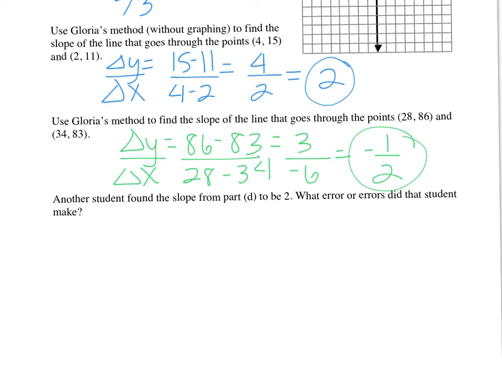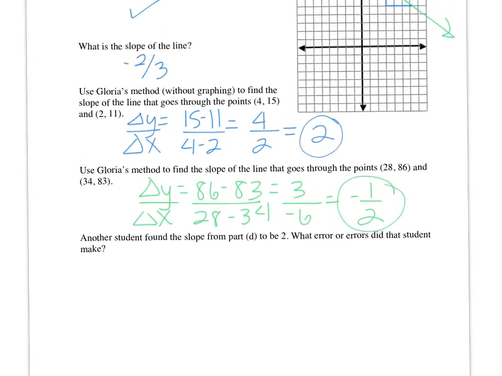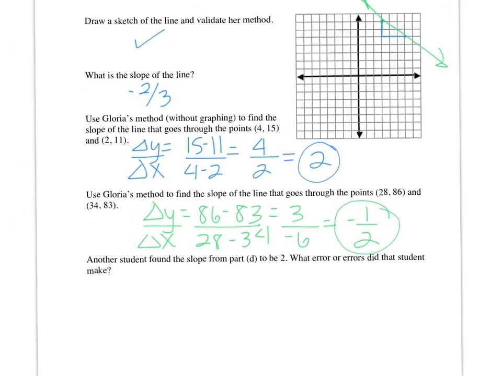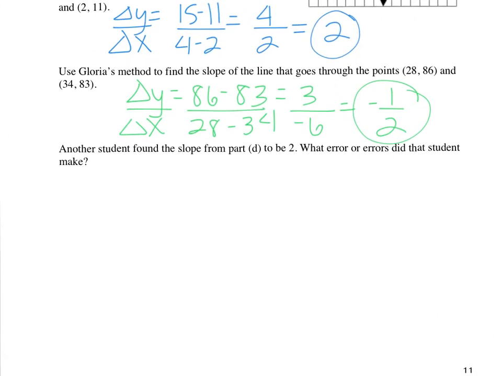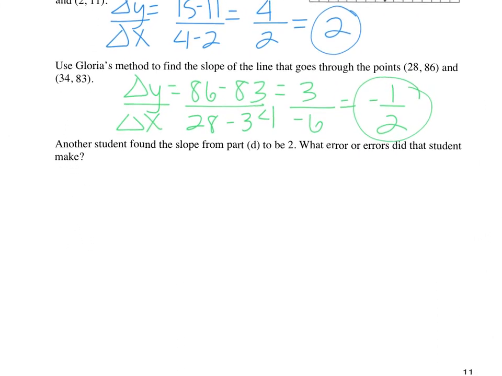Another student found the slope from part D to be 2. What error or errors did the student make? So it doesn't say, we don't have labeled which part is part D, but we're going to take a look back at this part. So if somebody made a mistake and said it was 2, what mistake did they make?